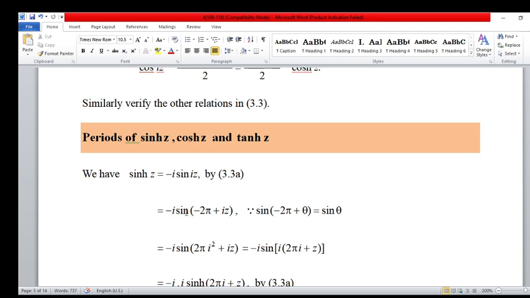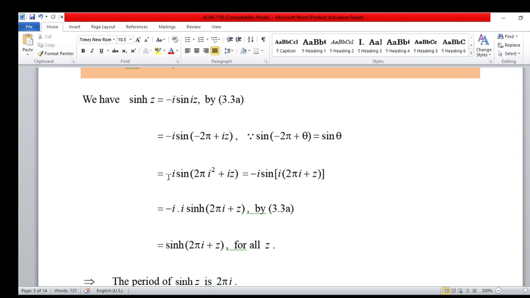So this is minus i sin of minus twice pi plus iz, and this minus can be written as i square, and minus i is common, twice pi i plus theta.